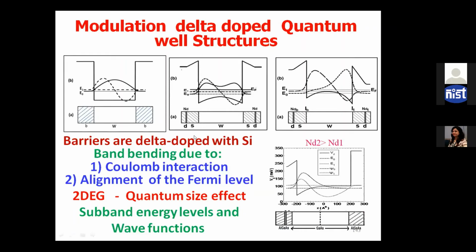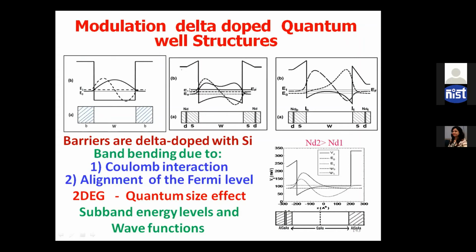When you dope from both sides of the barrier, let the doping be equal. If the doping is equal, as per the Poisson concept, there will be band bending. This band bending is due to the summation of the kinetic energy plus electrostatic potential energy.